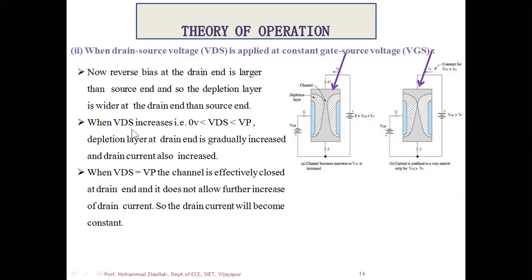The second point says that when VDS is increased, that is, when the drain and source voltage is increased beyond the zero level, then what will happen? The two depletion layers will increase in such a way that they will touch each other.